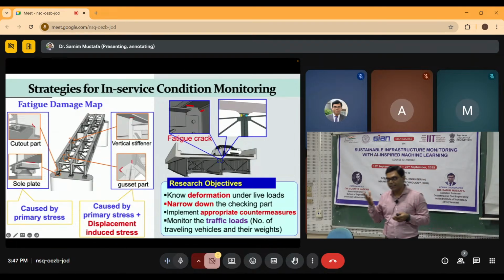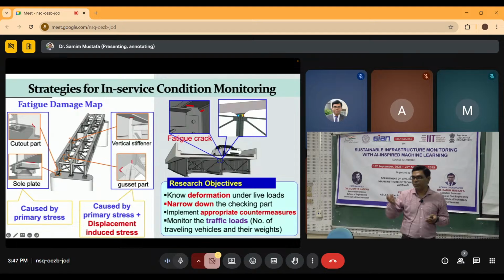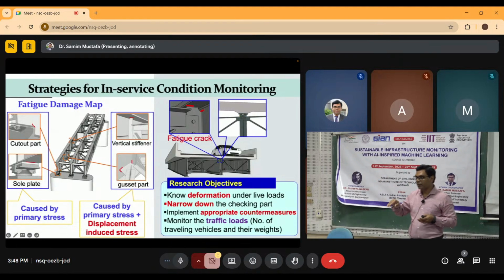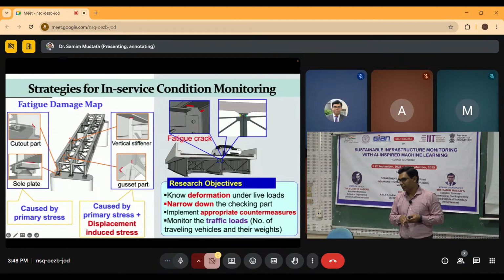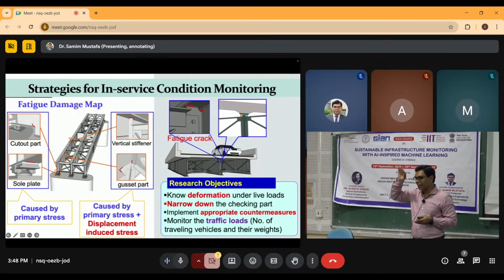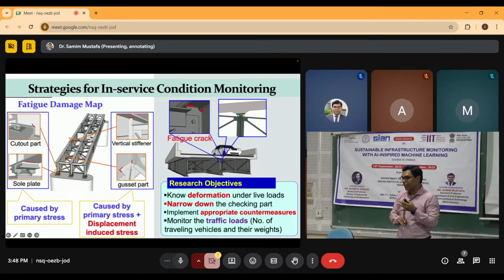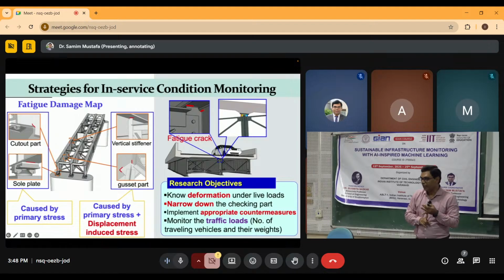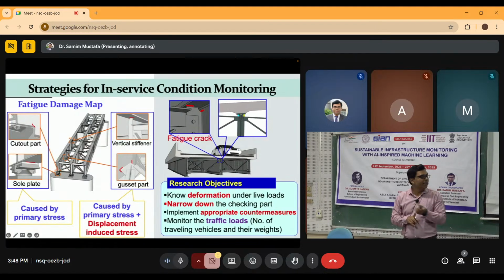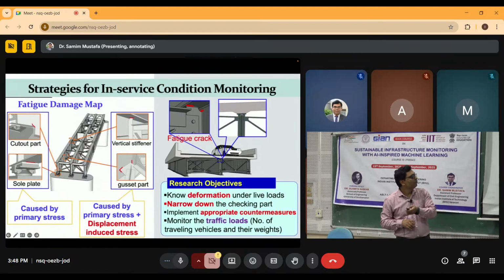And since it is underneath, it is protected from the wear and tear due to vehicle movement. Also, it is protected from water, rain and other things, right? So most of the limitations could be overcome, right? This method is called bridge weigh-in-motion.